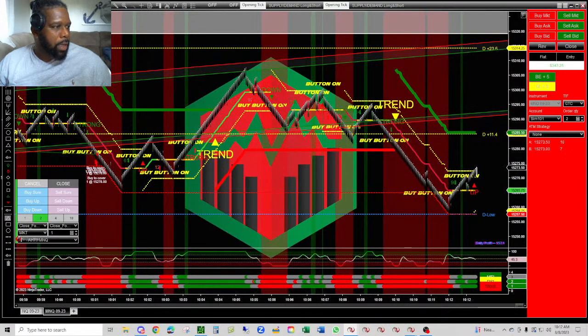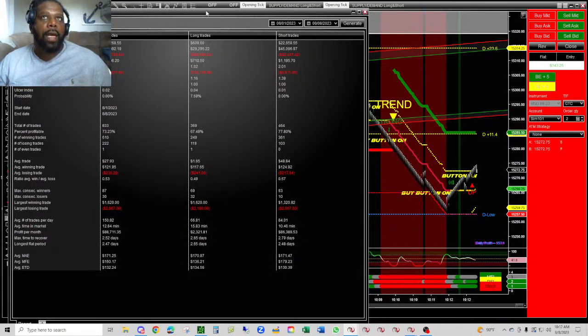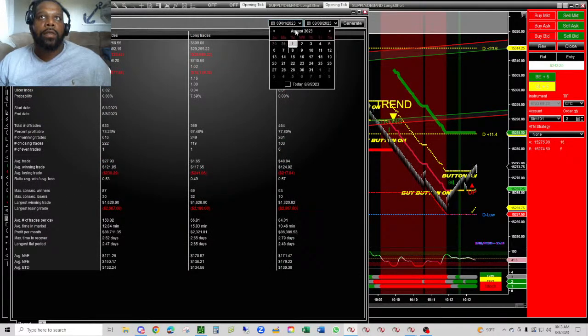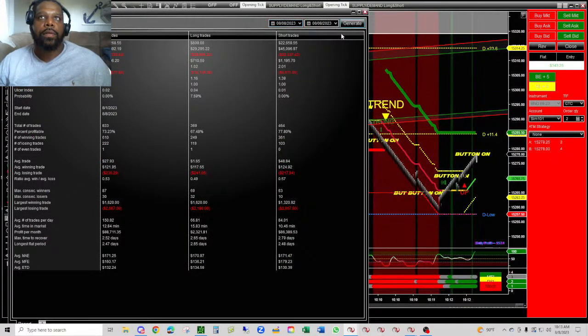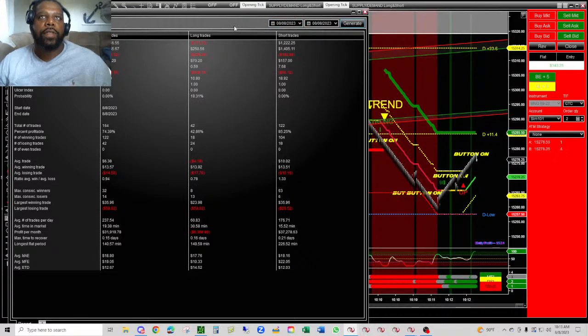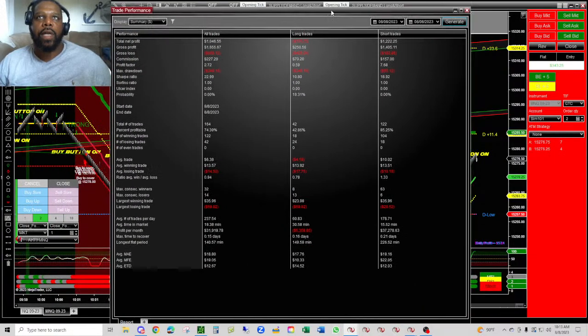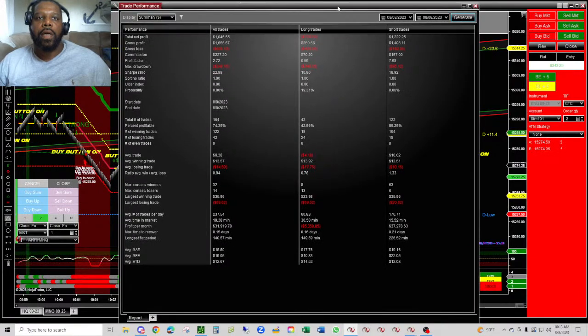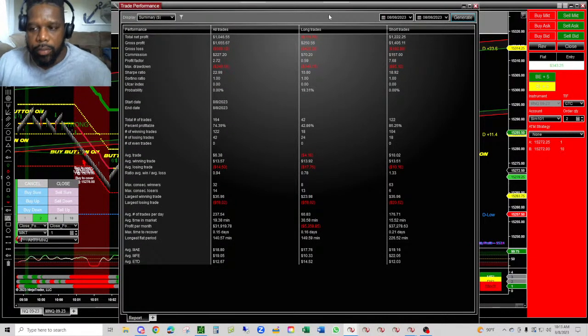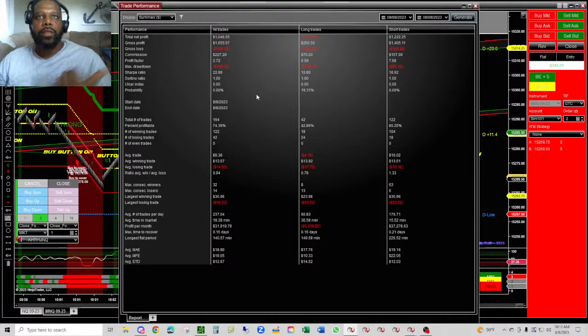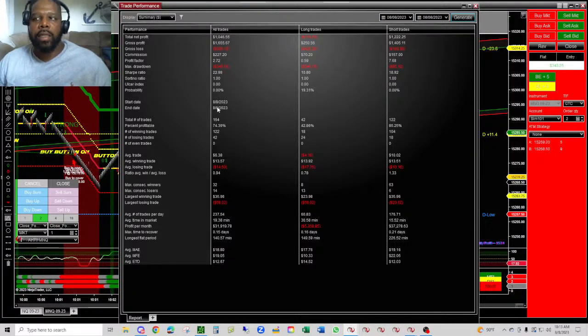Also, while I'm waiting on that, I'm going to pull up a trade performance for today. Now, this is including other accounts that I traded earlier this morning, but this is the trade performance for today. As you see, 8-8. Today is 8-8.